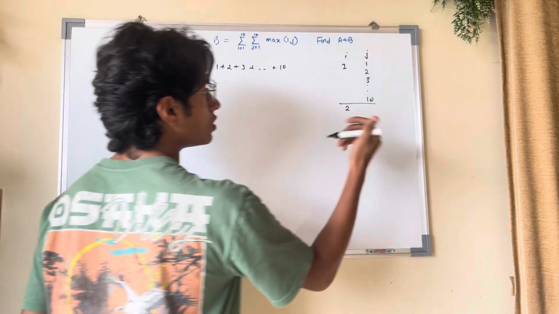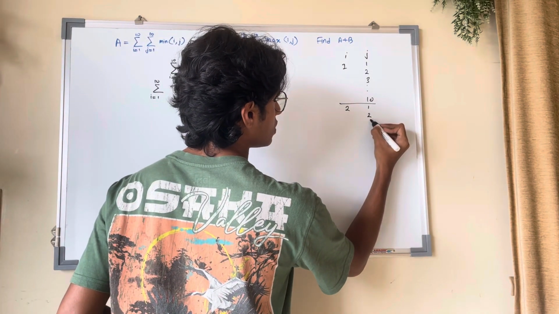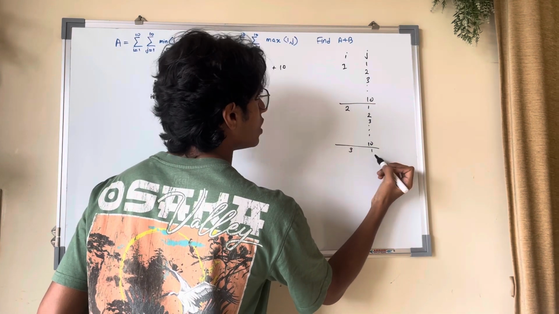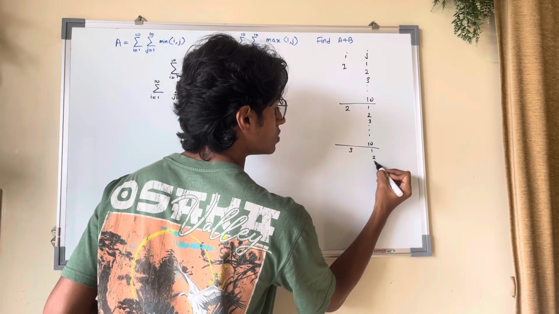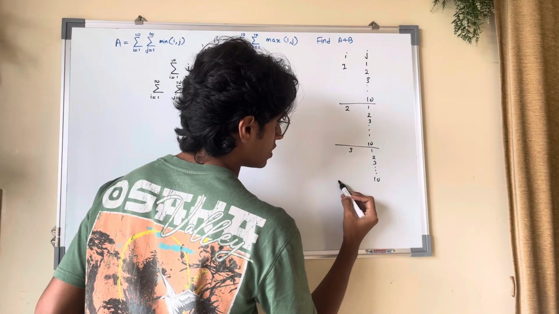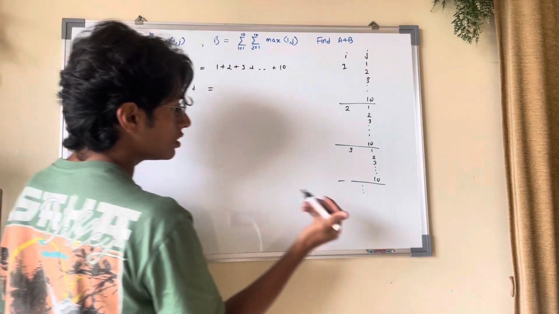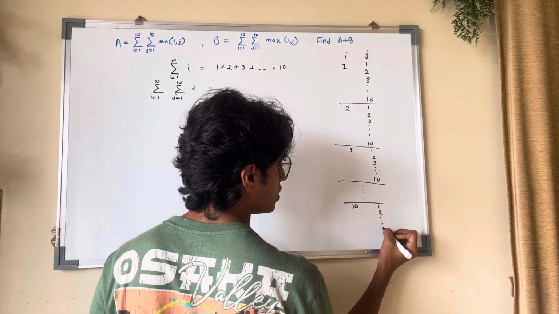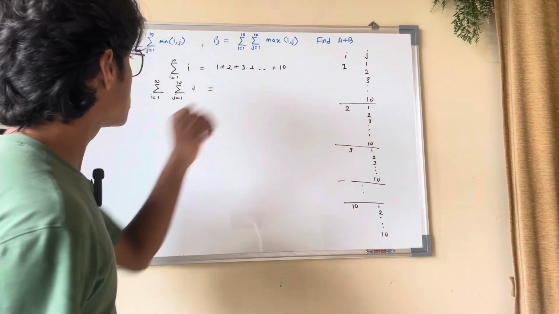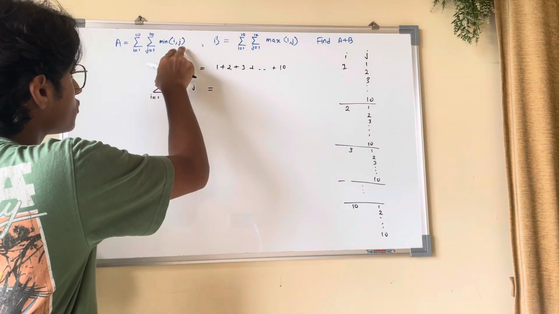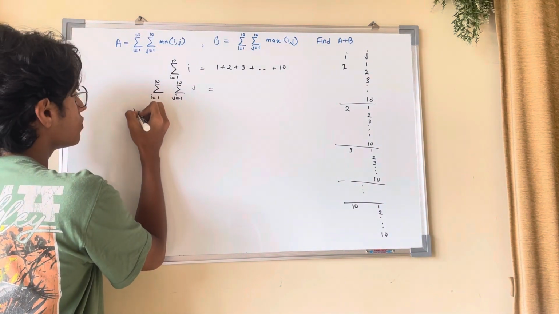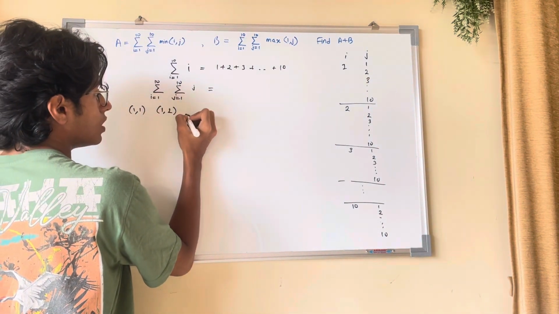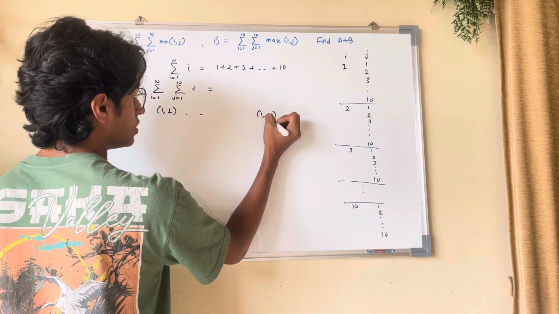The same thing will go on, that is the value of j will be 1, 2, 3 till 10. Similarly, i will be 3, then j will be 1, 2, 3 and this goes on till 10, and this whole summation will go on till i is 10 and the value of j is 10. So if we try to write the ordered pairs of i comma j, the first will be 1 comma 1, next will be 1 comma 2, and it goes on till 1 comma 10.